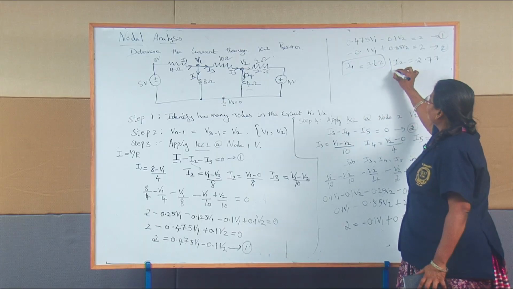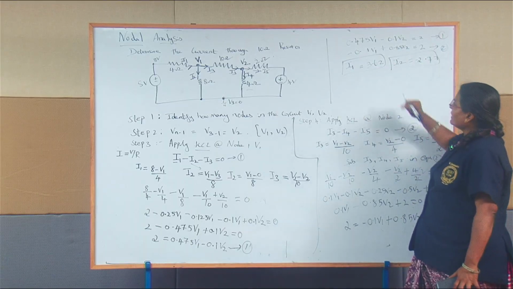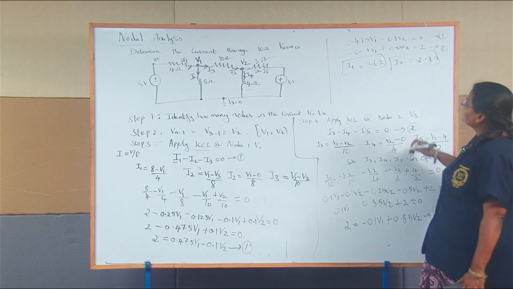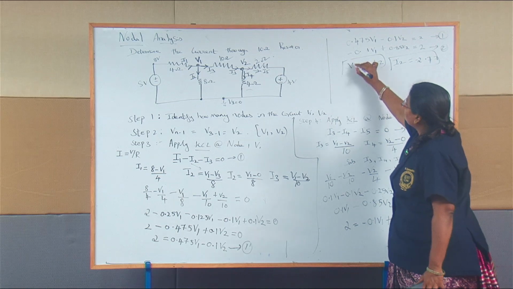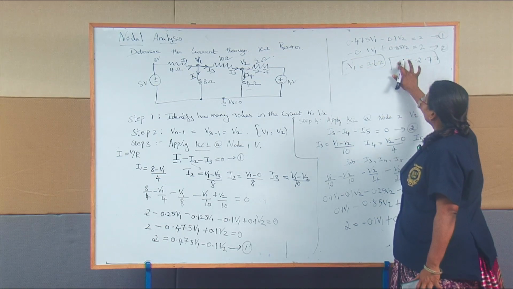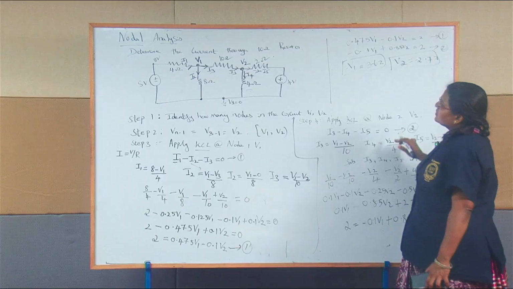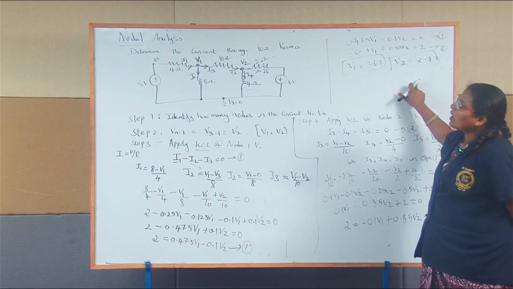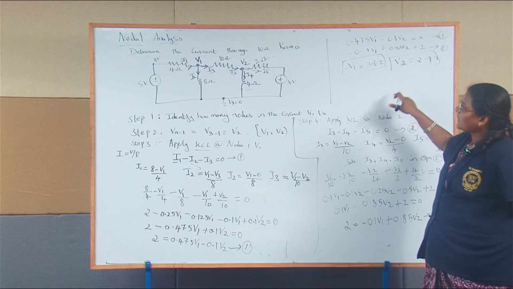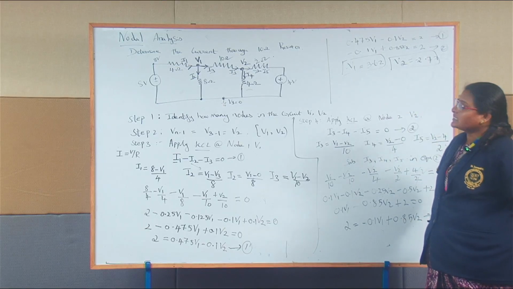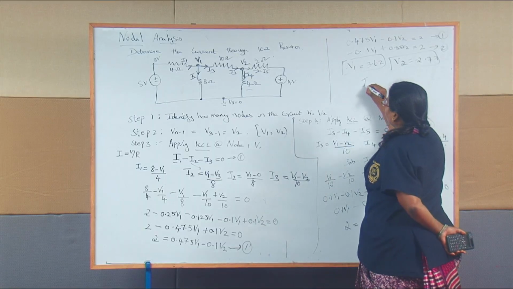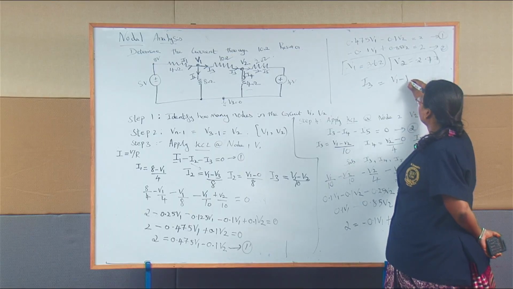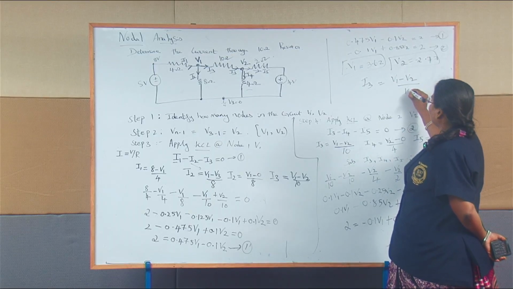Now I find the voltage values V1 and V2. So once you know V1, V2, you can easily find out what is the current flowing through the 10 ohm resistor. So I3 is nothing but V1 minus V2 divided by 10.